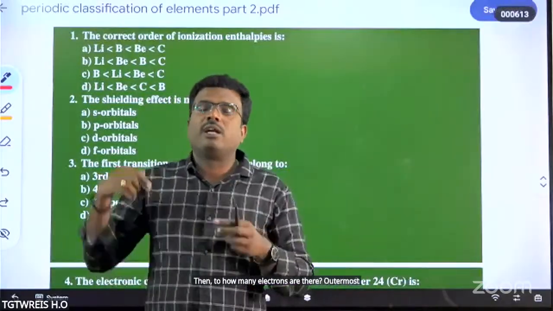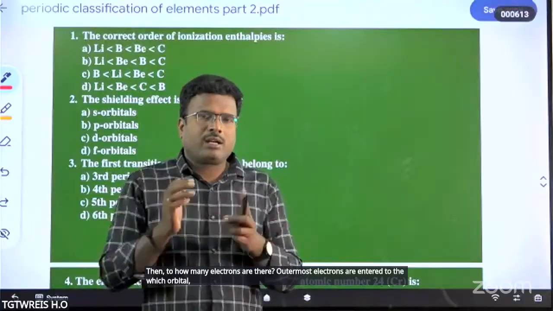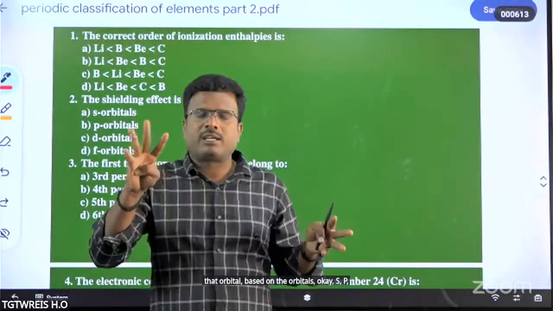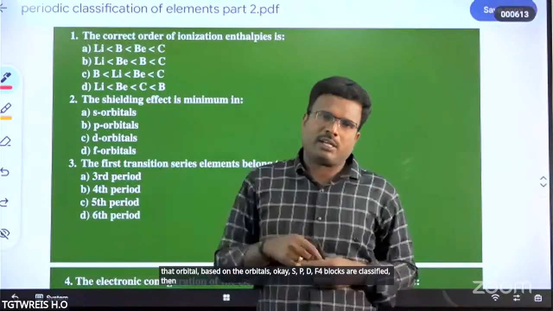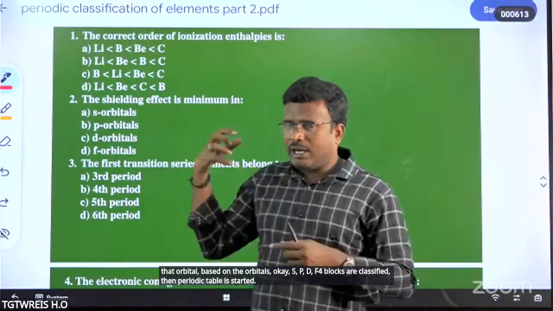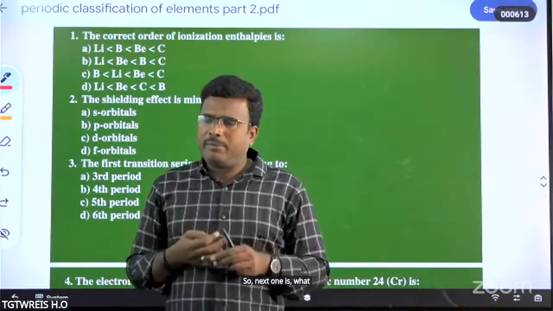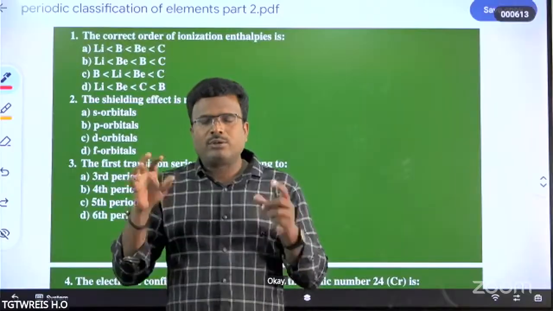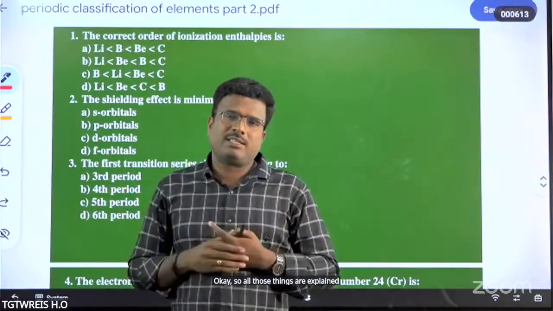Outermost electrons enter which orbital, and based on the orbitals, S, P, D, F, four blocks are classified. Then the periodic table started. Next is the position of an element: which group, which block. All those things were explained in previous classes.